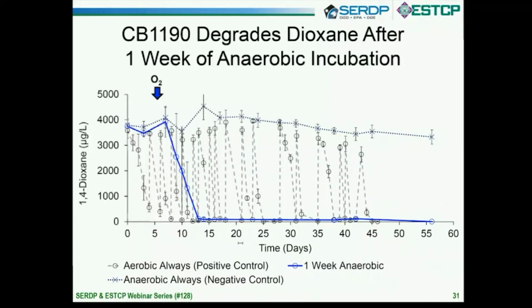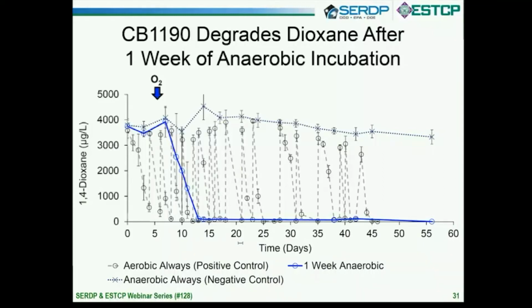So let the fun start. Here, longer term experiments, time in days on the x-axis, dioxane concentration on the y-axis, and these gray dashed lines that you're seeing, that's dioxane concentrations. Dioxane is degraded, we add more. Conditions are always aerobic. This serves as our positive control.